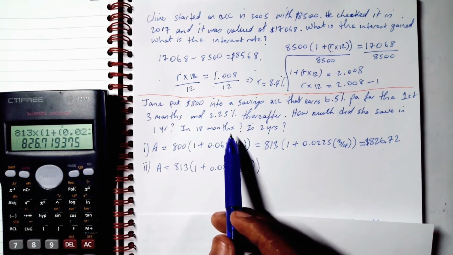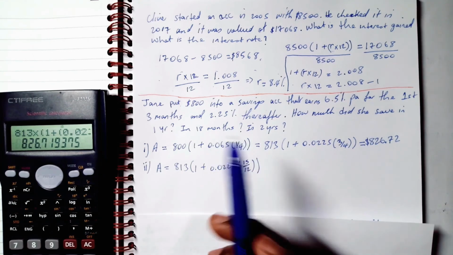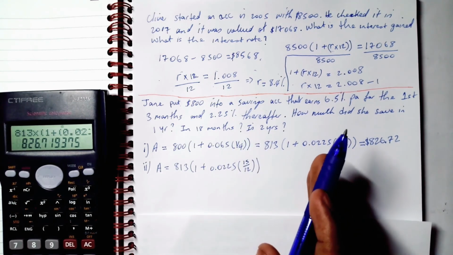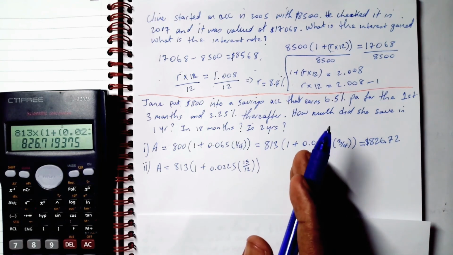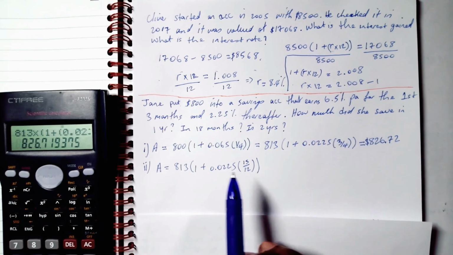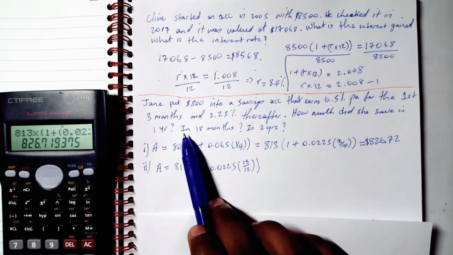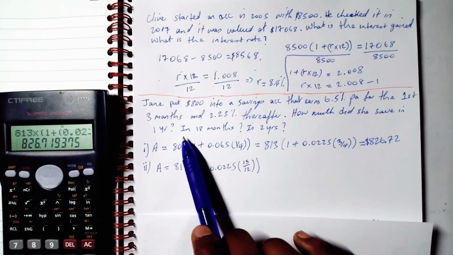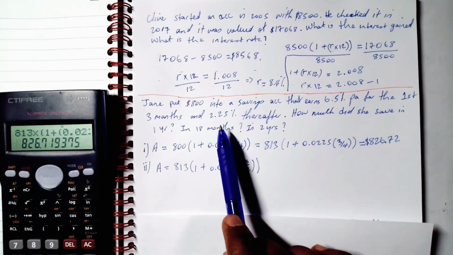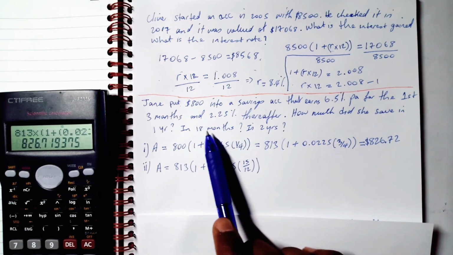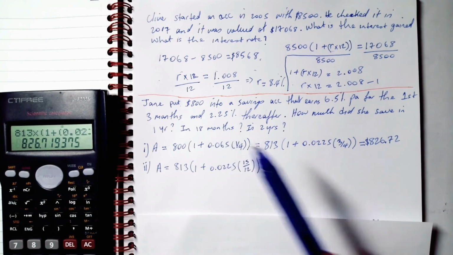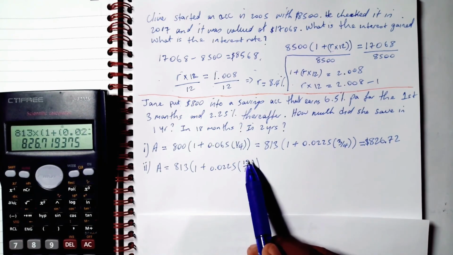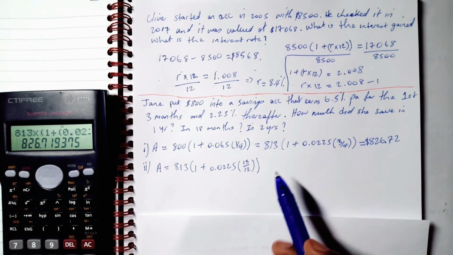These questions are tricky. Might need to watch it a few times, but that's okay. We're here to help. Alright. We need to accumulate it for the remaining 15 months. But we need to represent the 15 months as years. So we represent the 15 months as years by dividing it by 12.